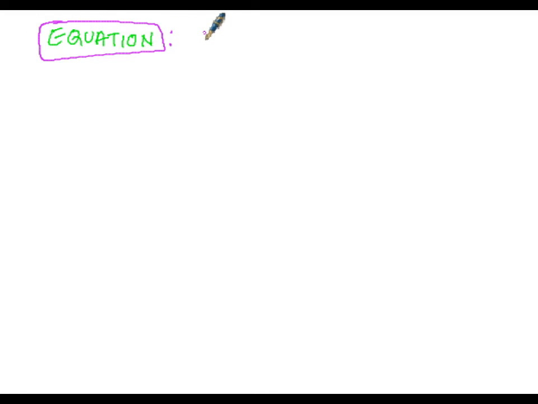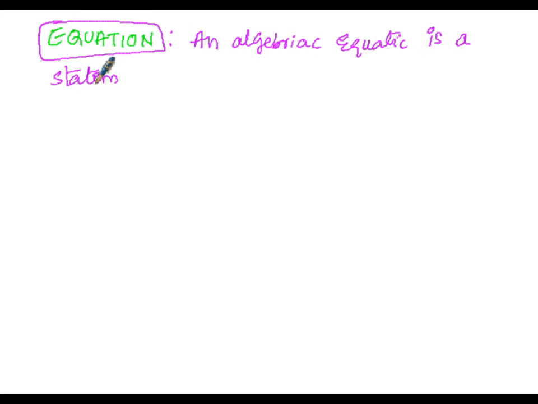An algebraic equation is a statement that two expressions are equal.